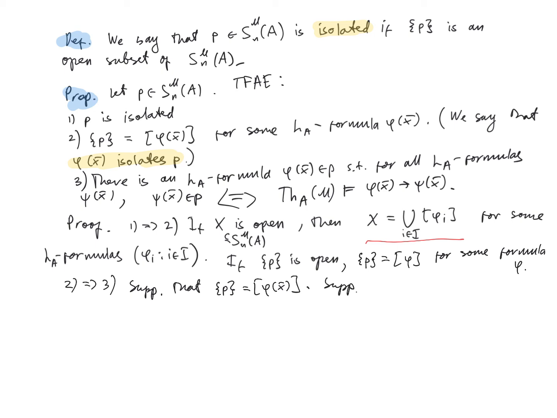And suppose that psi of x bar is an arbitrary formula in p, then we claim that modulo the A theory of the structure M, we have that phi of x bar already implies psi of x bar.